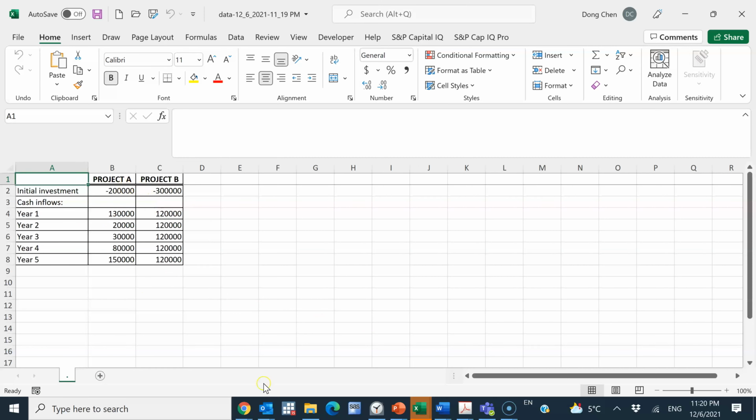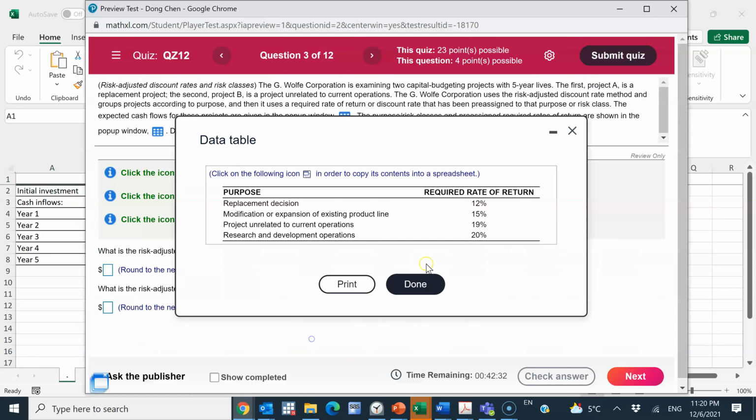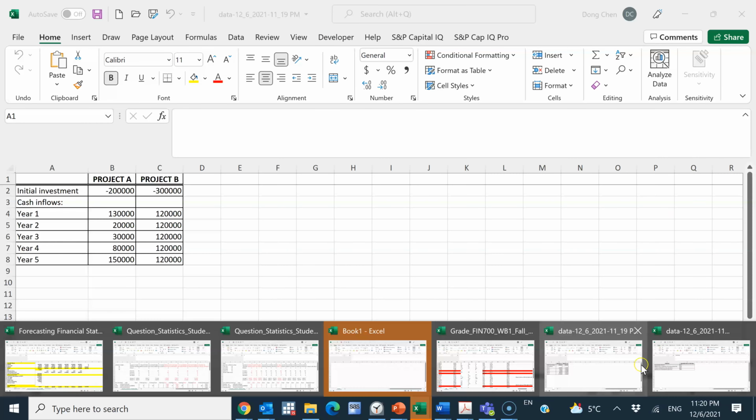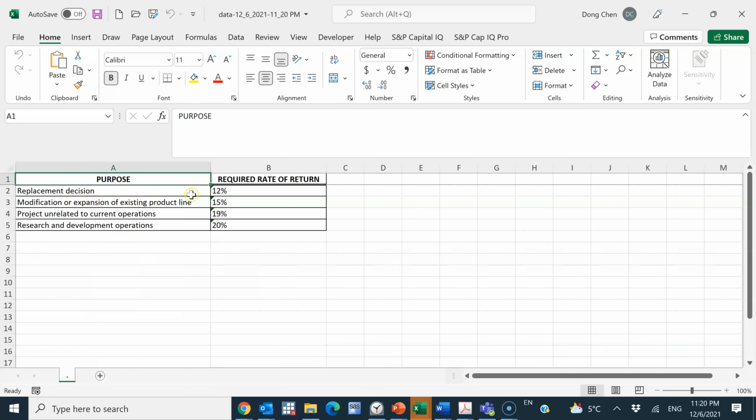rate. So project A, as given by the setup, is a replacement project. So then we check this table to find out what is the discount rate or required rate of return for a replacement decision, and that turns out to be 12%.